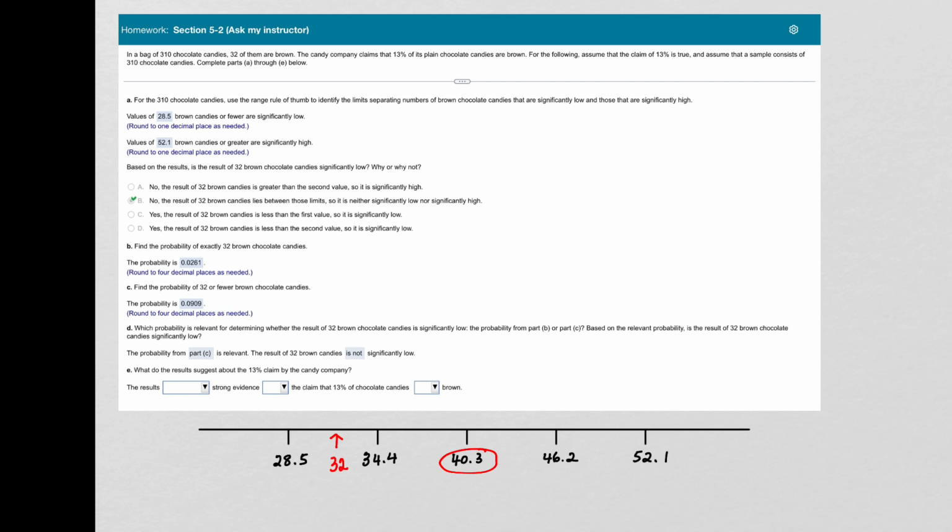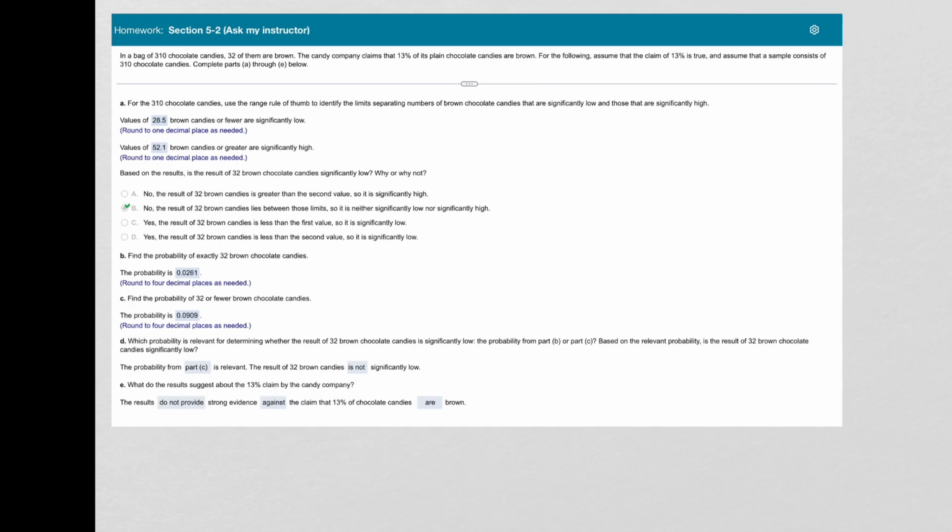So while we can't say the results give us strong evidence to defend that claim of 13%, we would say the results do not provide strong evidence that the claim is wrong. So we're going to say the results do not provide strong evidence against the claim that 13% of chocolate candies are brown. So that's what we get for our final result for that problem.